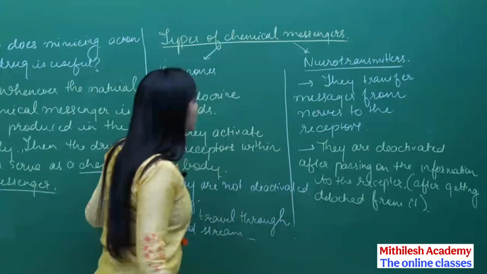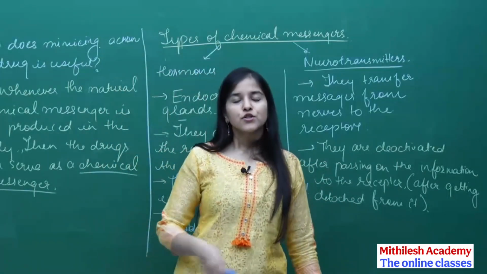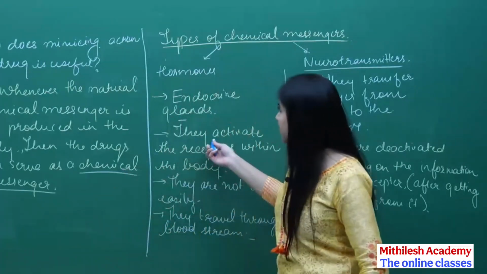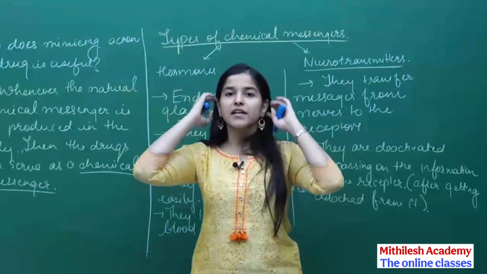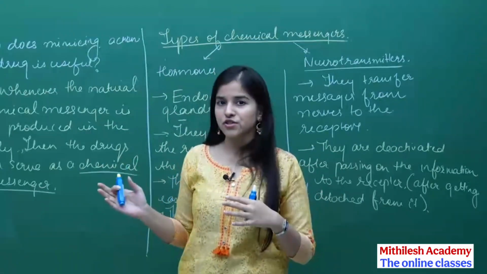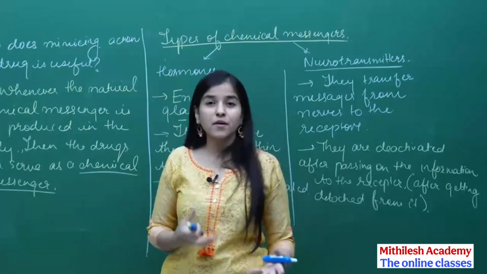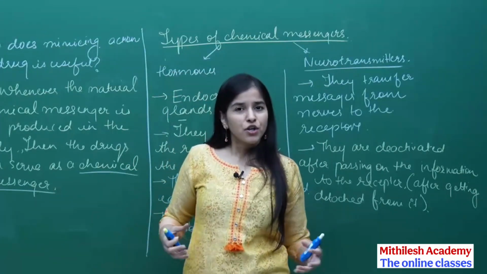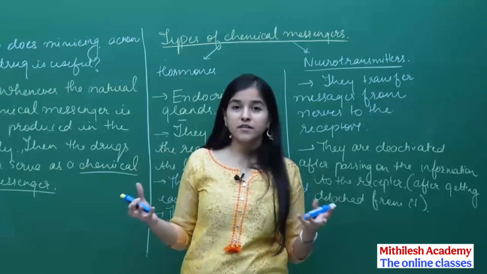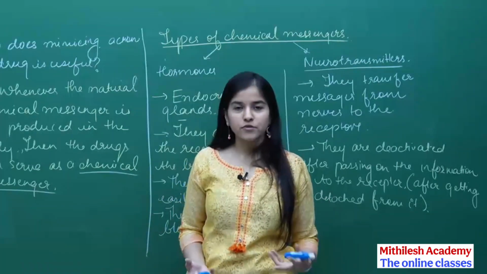So what kind of hormones and neurotransmitters are actually present in our body? Most prominently in the hormones, we have adrenaline. What is adrenaline? You must have heard the term adrenaline rush. During excitement, or some kind of danger situation, you get so much energy and power that your body may start shaking or sweating.